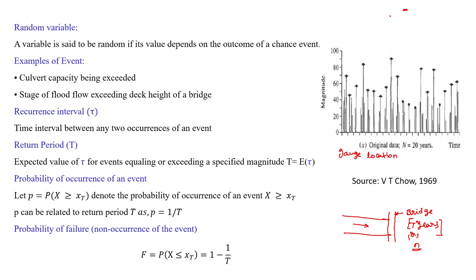This particular stream flow we often consider as a random variable. So now I'll talk about what a random variable is, and how we can calculate the return period. A variable is said to be random if its value depends upon the outcome of a chance event.